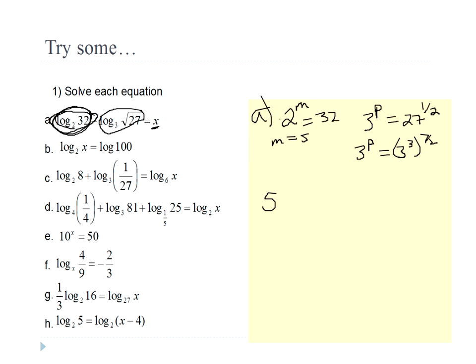The power of a power, keep the base, multiply those exponents, top by top, bottom by bottom. And so I see here that p equals 3 over 2. So I have 5 minus 1.5 equals x. So x equals 3.5.